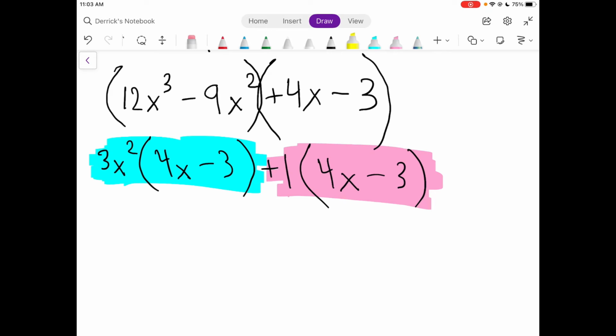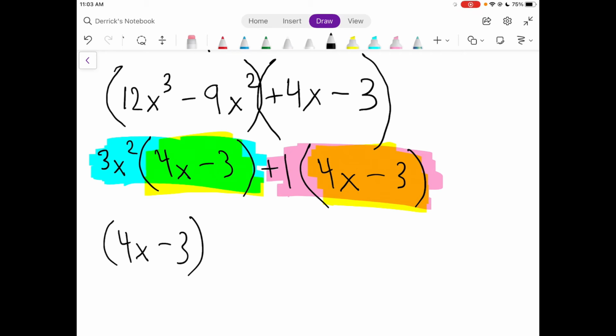Is there anything in common that we could pull out? Well, there is something in common. It's the entire quantity of 4x minus 3. 4x minus 3 is in common between both of these pieces. So I'm going to GCF factor the entire quantity of 4x minus 3 out of this problem.